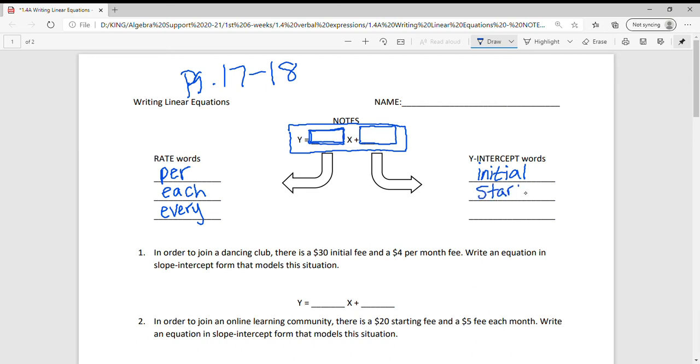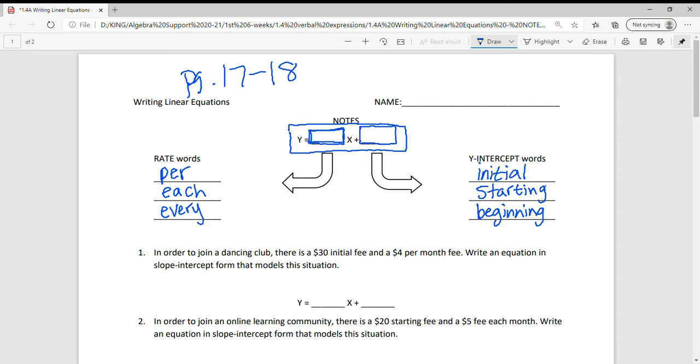Starting: the starting amount, starting value, starting membership cost. And the last one is beginning, so beginning with, something like that.